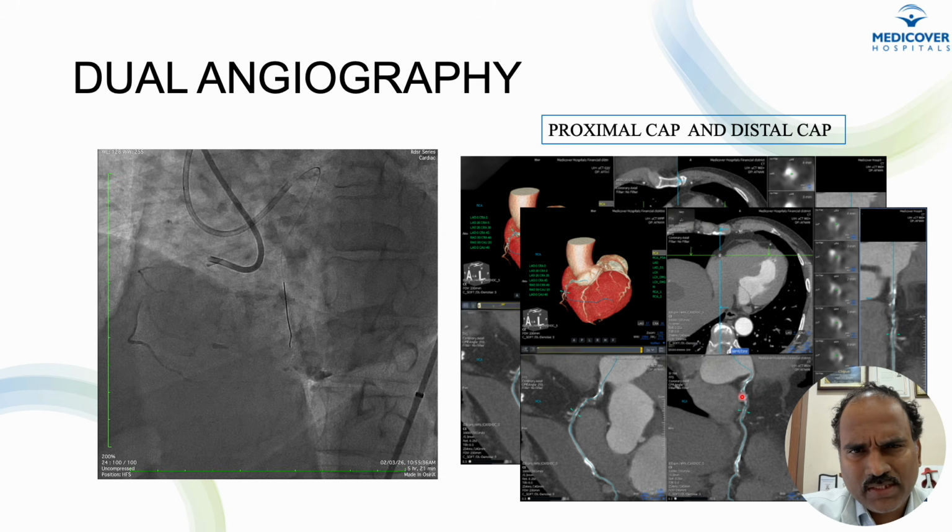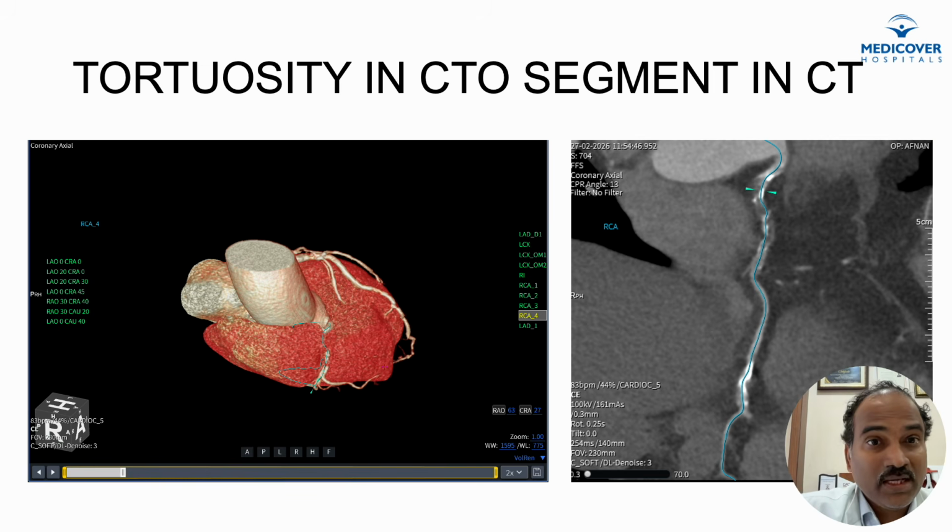There is also tortuosity within the CTO segment, which I'll explain here. This is a volume rendered view where you can clearly see the tortuosity within the right coronary artery, and this is a MIP image which shows the angulation within the CTO segment.